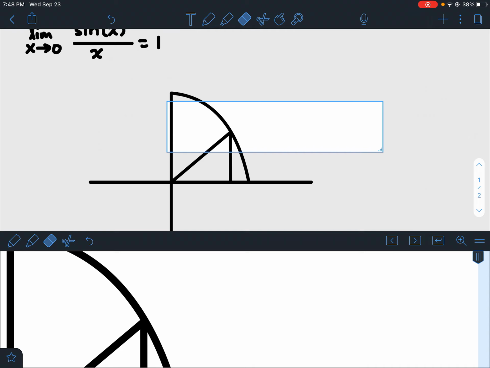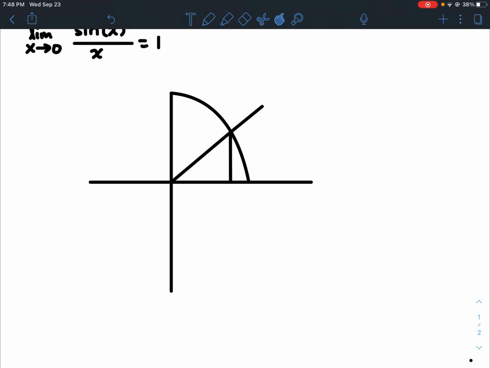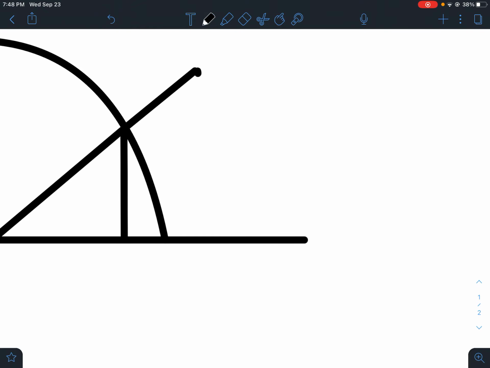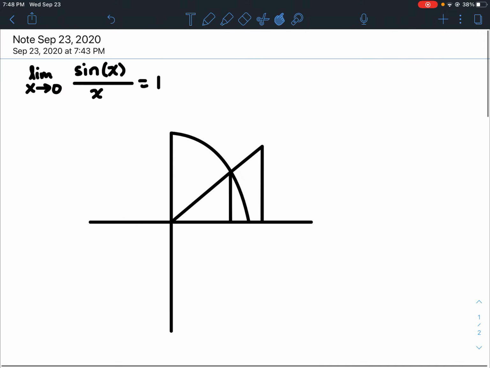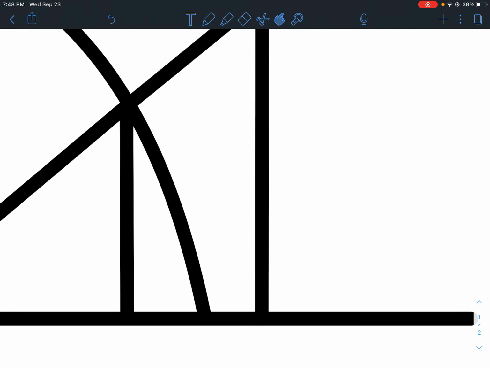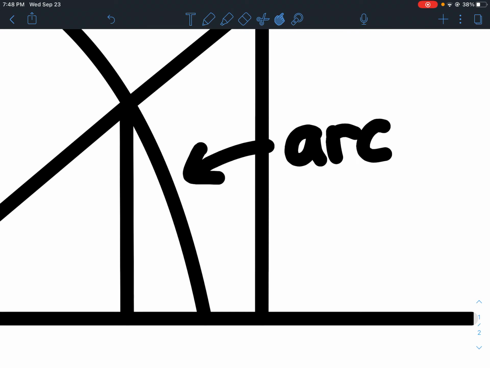Actually, now let me just draw it out. Basically you have that. And this right here is the arc length.